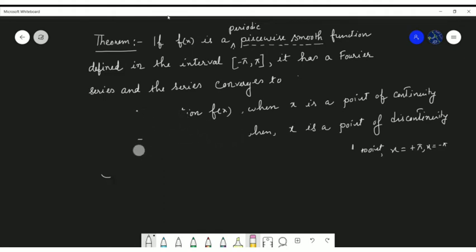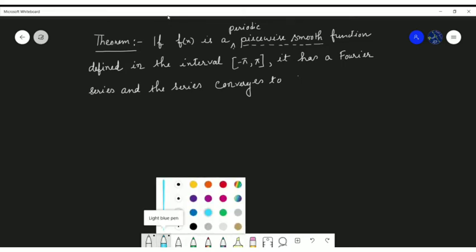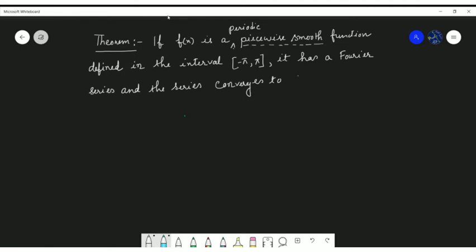Let me plot that curve again. That function I am again plotting, x equal to 0.